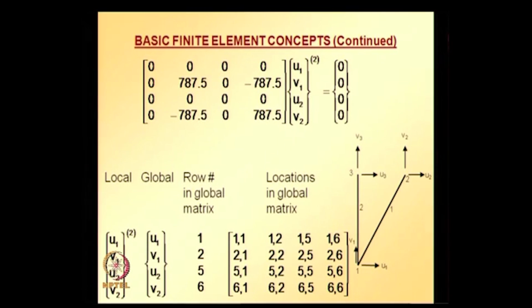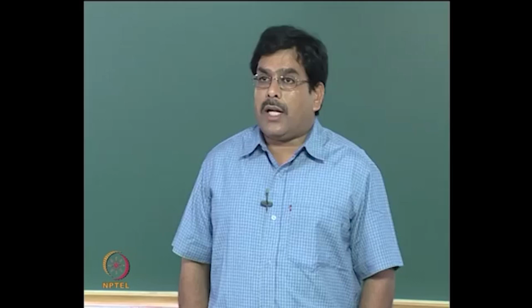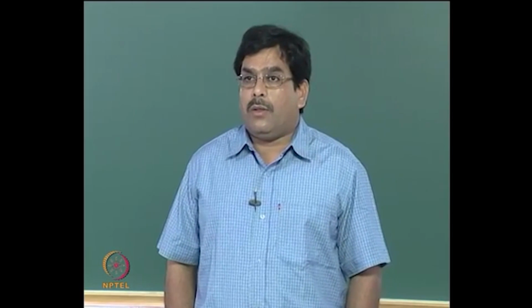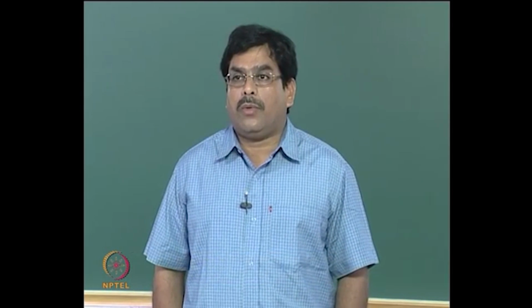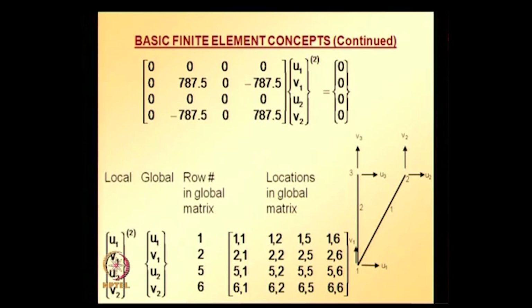So, the location in the global matrix is based on the row number given there. The corresponding values in the local equation system, their contribution goes into the global locations shown in the slide.